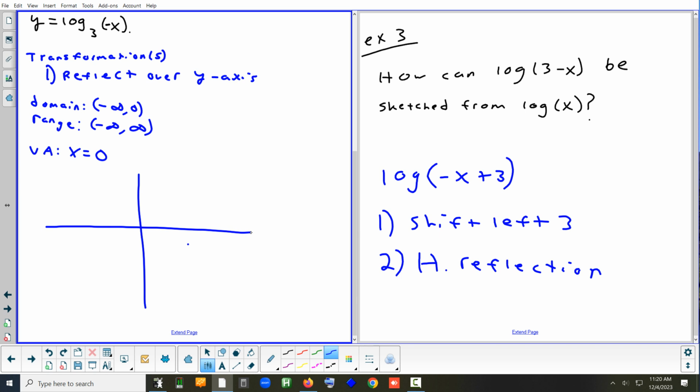If you do a plus 3, that's going to shift it to the left 3. So your vertical asymptote would be here, and then it would curve up like that. Now, with the negative, it's also going to take that and mirror image it. So this is what your final answer would look like, and the vertical asymptote is now at positive 3 instead of negative 3.